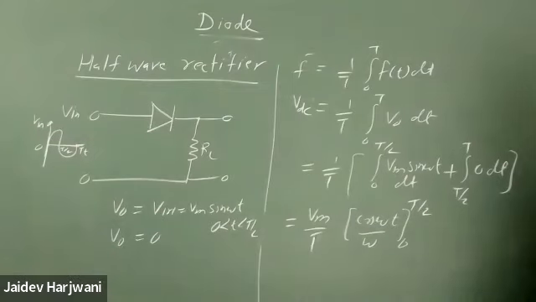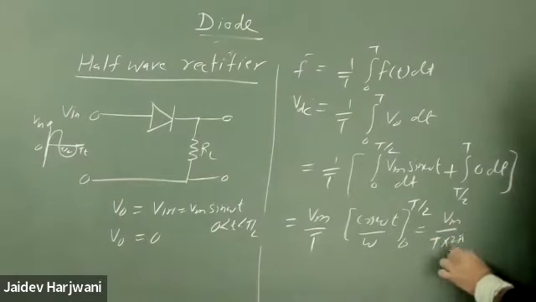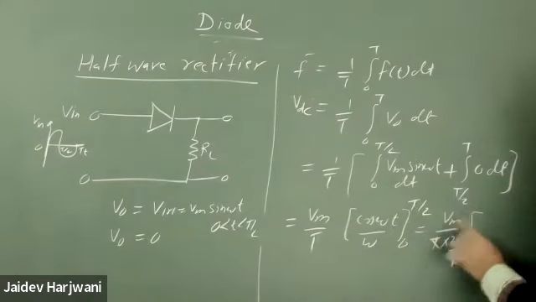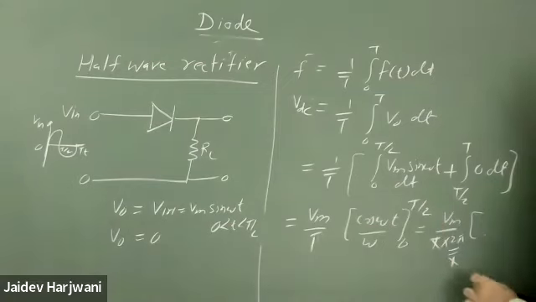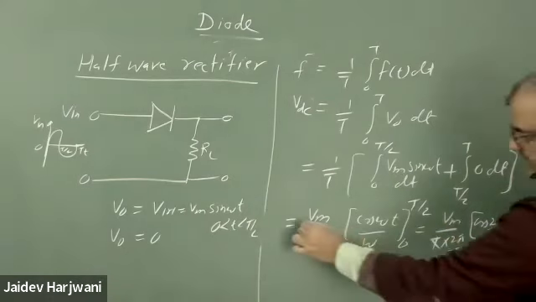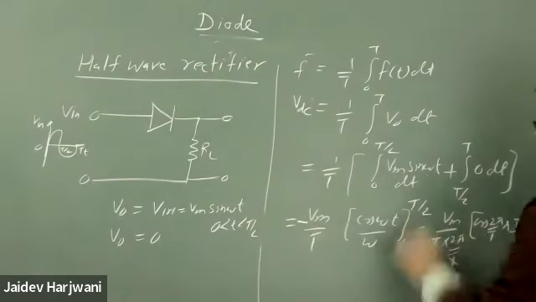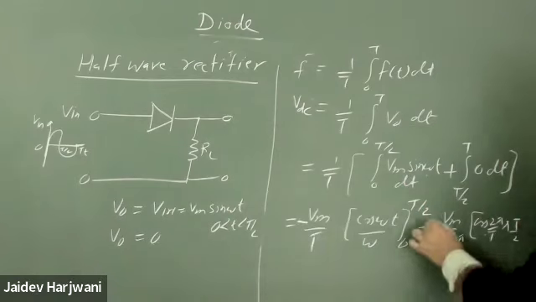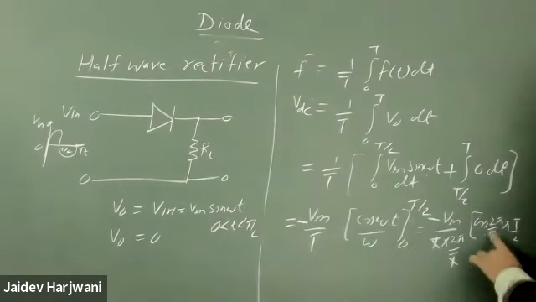Omega is 2 pi by T. If I put the limit T by 2, that means cos of 2 pi upon T into T by 2, which is cos pi, minus cos 0.